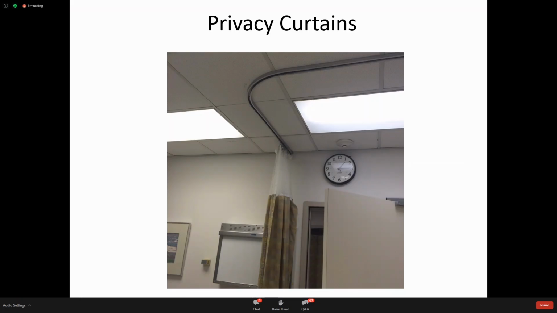Let me add another portion to the question here. So let's say it's a 36-inch by 60-inch clear shower. Say it's a shower in an ADA patient room. Would you be required, say if you put a door going into that shower, would that door then need to have clearance in both directions?